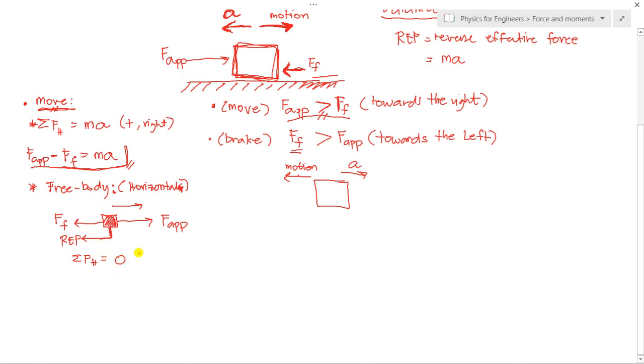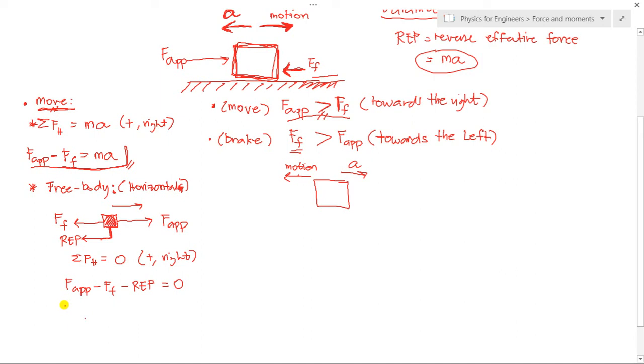So here, again, take a positive force if it points to the right. So the one pointing to the right is the applied force, so F applied. Since the frictional force and the reverse effective force point to the left, they are subtracted: F applied minus frictional force minus REF is equal to 0. Again, what is REF? From our definition, it is equal to mass times acceleration.